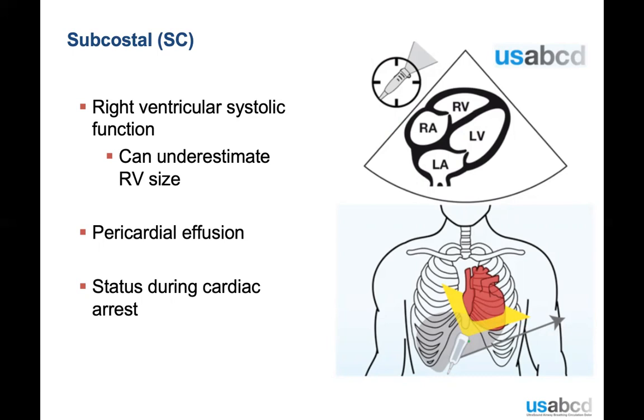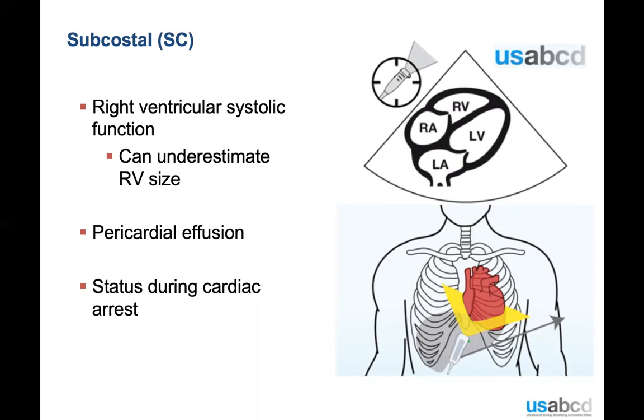And I can at least look at that right ventricular free wall, and I can see, is it coming in? Is it contracting? And I can look at RV function the same way I would LV function. Does the chamber size get smaller? Do those walls move in? This view, of course, can often underestimate right ventricular size, so it's not always the best view for size, but if that right ventricle is enlarged, you often will be able to see it in this view.